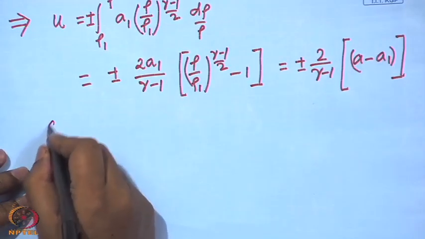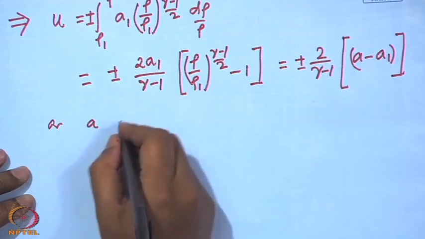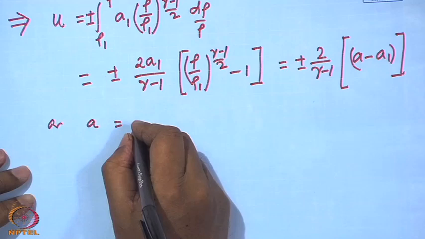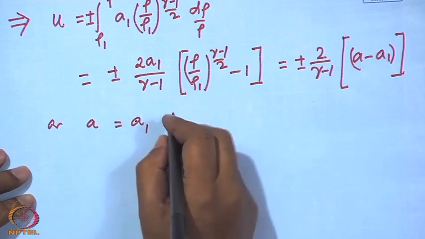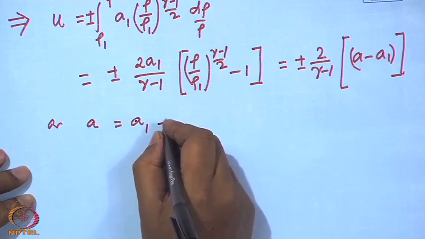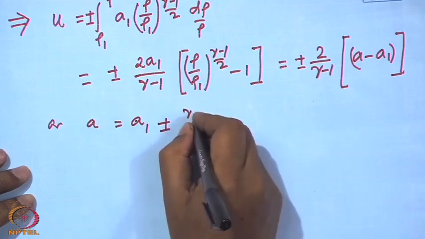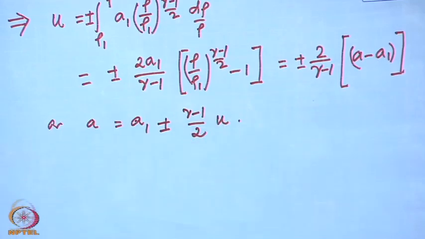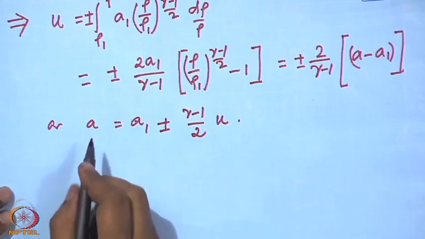This gives A equal to A1 plus or minus gamma minus 1 by 2 times u. So, this relates the local acoustic speed with the acoustic speed in the undisturbed fluid and the particle velocity.